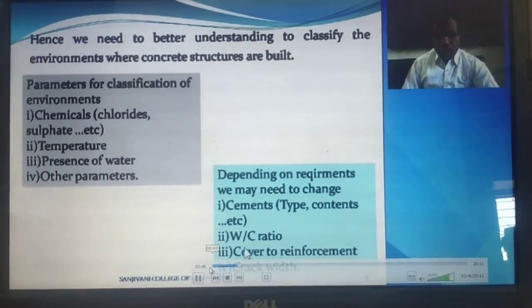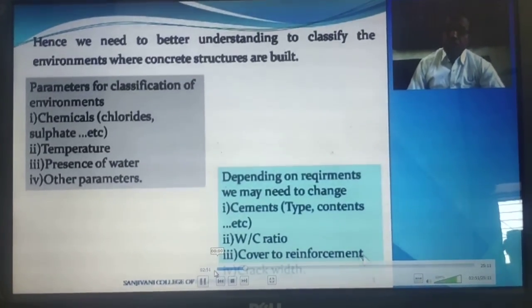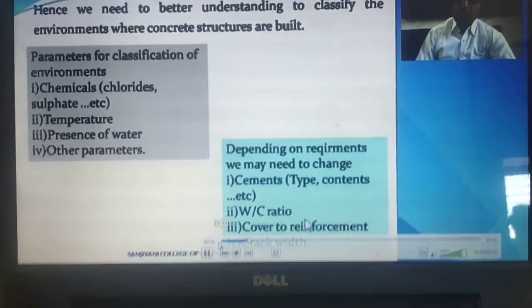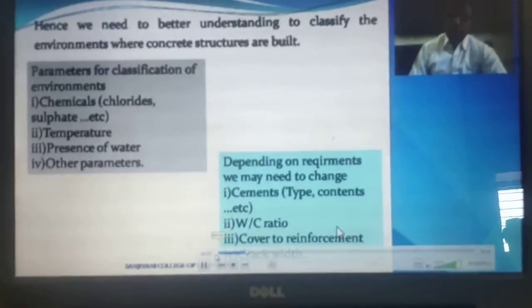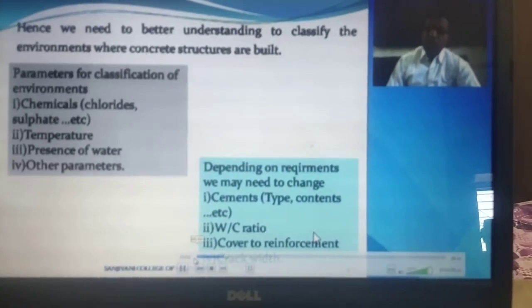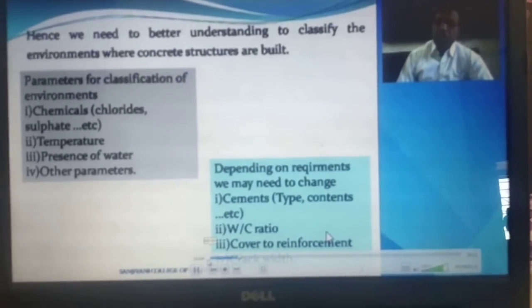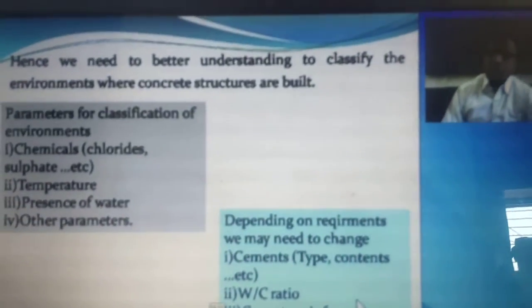Then the cover to the reinforcement. This cover to the reinforcement plays a role from the structural point of view as well as the durability point of view. The cover to the reinforcement acts as a shield, or we can say protection of the reinforcement from the environment. Also the crack width.